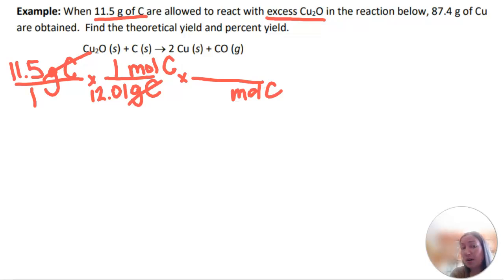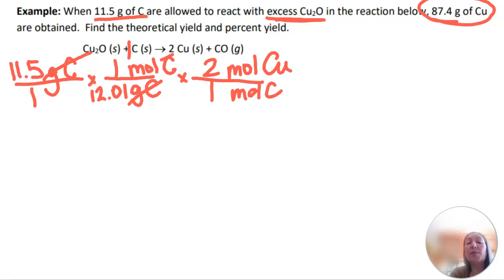We bring down moles of carbon and we're going to look at the coefficients of the balanced equation and how that compares to the desired product that we're trying to make. It says we made 87.4 grams of copper. We're going to compare. So we want to get to copper. So we're saying for every 1 carbon that goes into the reaction, 2 moles of copper come out.